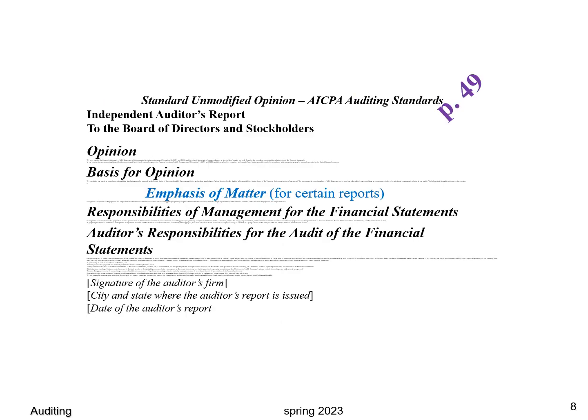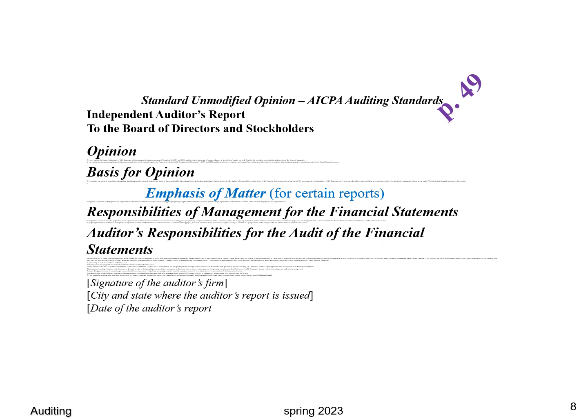Now I'm going to try and self-select. So here's the basic standard unmodified report. It has 4 sections: the opinion, the basis for the opinion, the responsibilities of management, and the auditor's responsibility. So those are the 4 sections in the standard unmodified opinion.